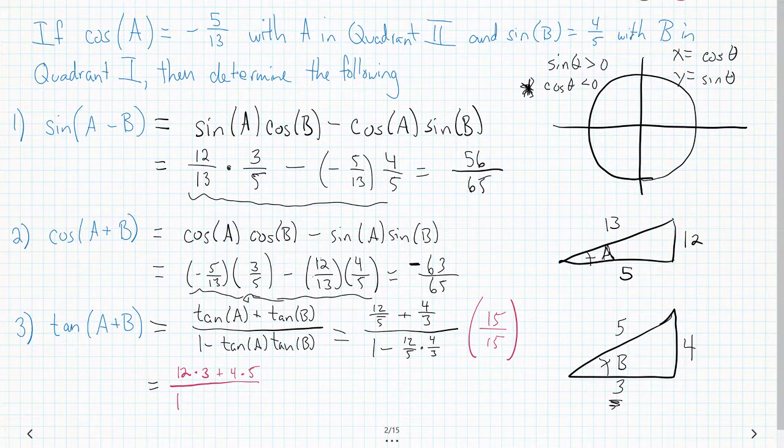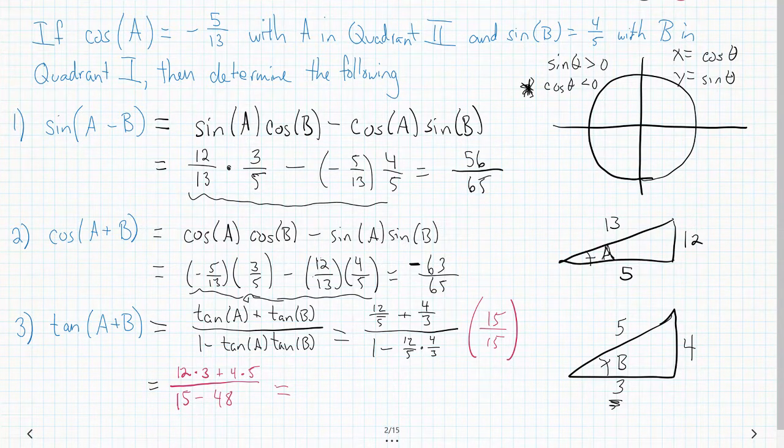And then, oh, I made a little mistake there, not 1 minus, it goes 15 minus, and then when you multiply 15 here, it'll cancel off with the 15 down below, and that leaves us with 48.